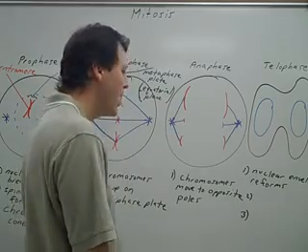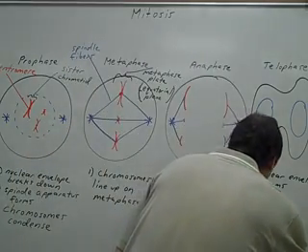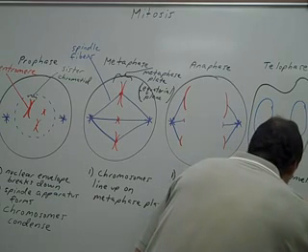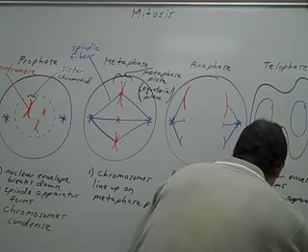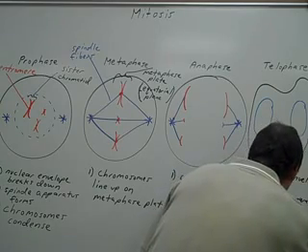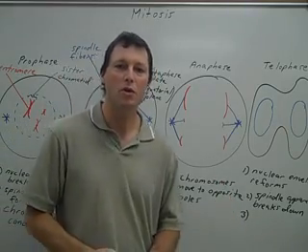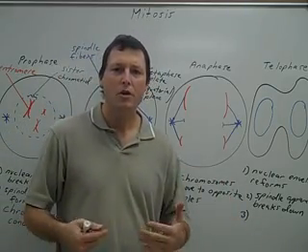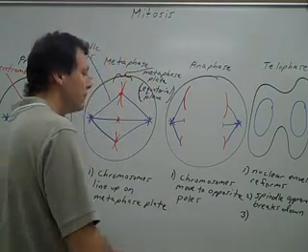The spindle apparatus has disappeared. It's broken down. So spindle apparatus breaks down. It's gone. We don't need it anymore, so we break it down into its component amino acids so that they can be reused to make other proteins that we do need at this point.